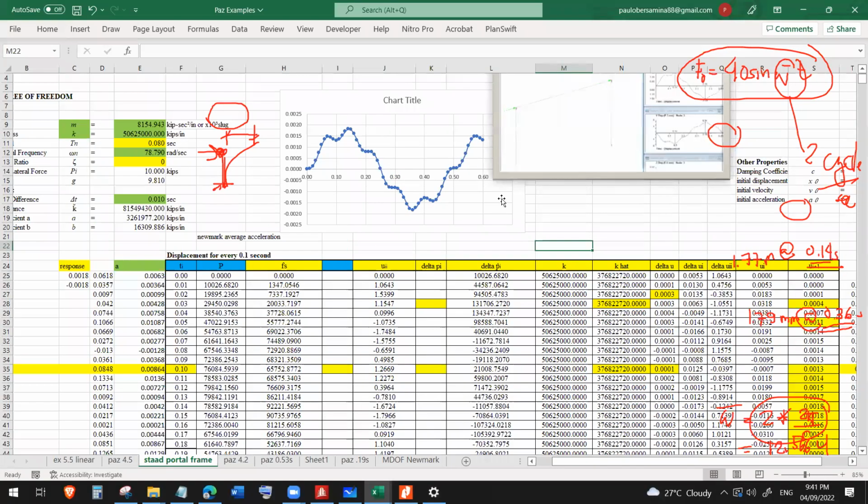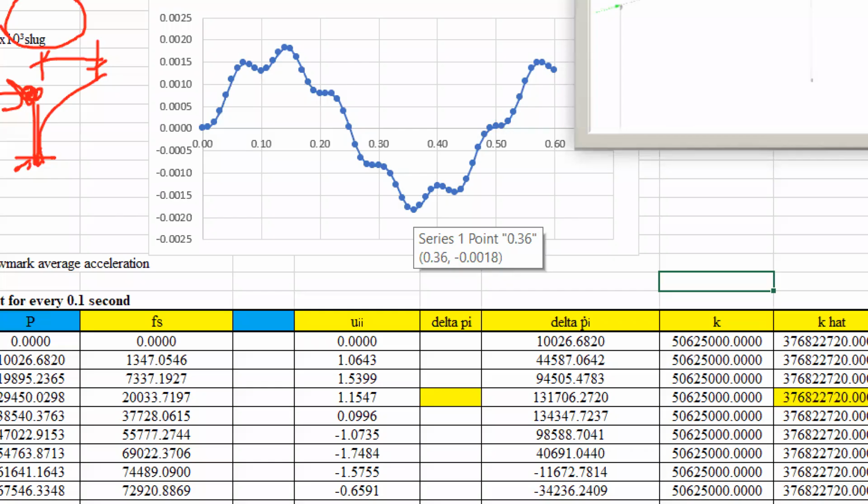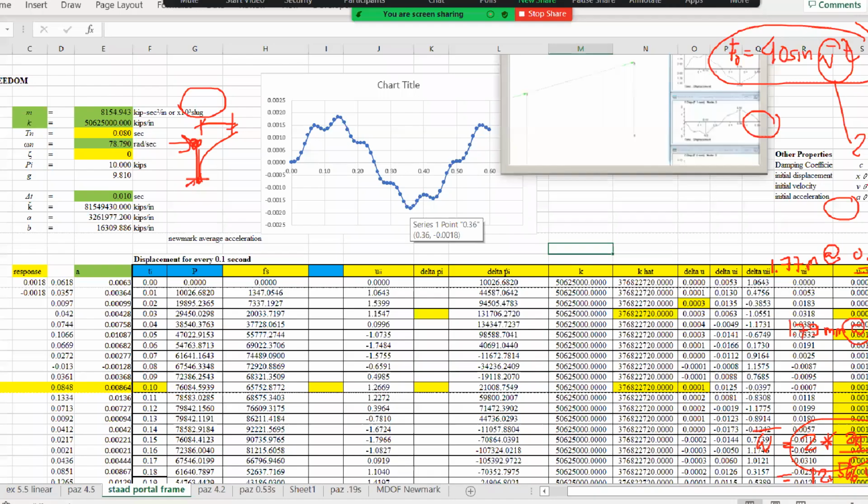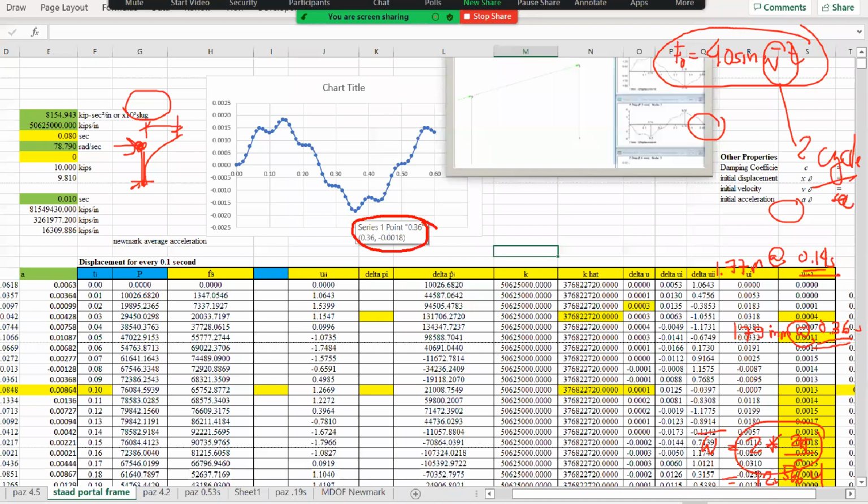On the negative region, it's almost the same: at about 0.36 seconds we got 1.8 millimeters, the same as in Staad.